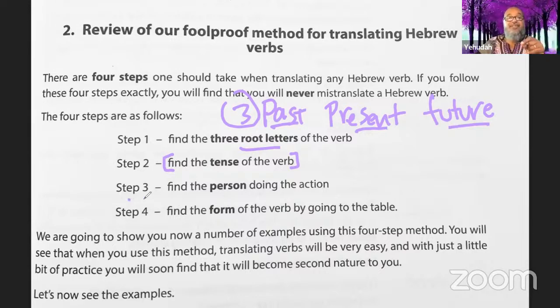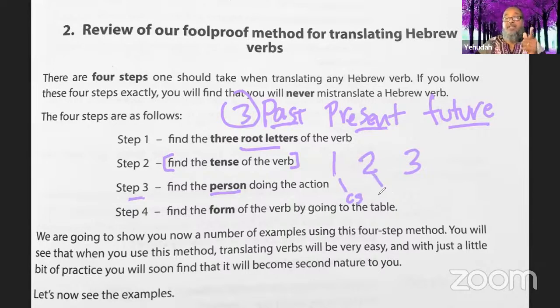Now, the third step is you're going to find the person. So how many people do you have there? First person, second person, third person. There is no fourth, there is no fifth. It's first person, second person, third person. Okay? The first person is always going to be common, singular.